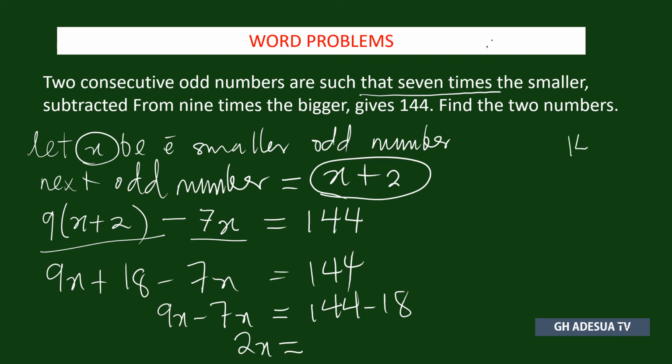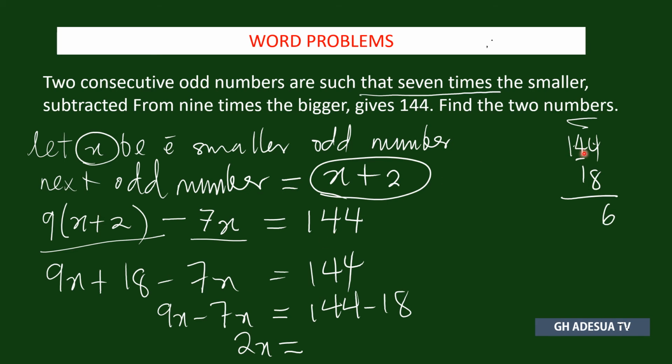Let's solve here. 4 minus 8 is not possible. So you bring 1 from this 4, plus that is 14. 14 minus 8 is 6.